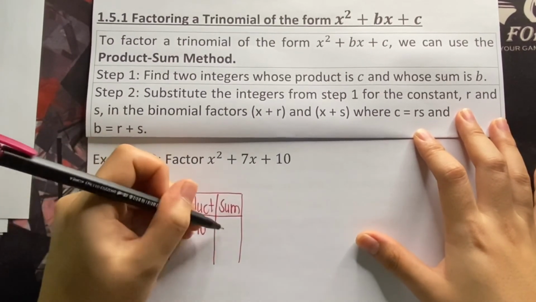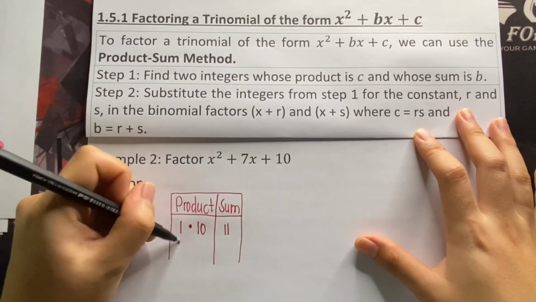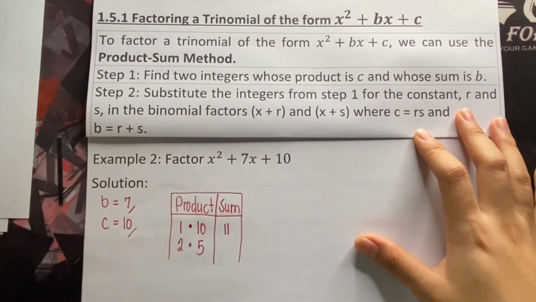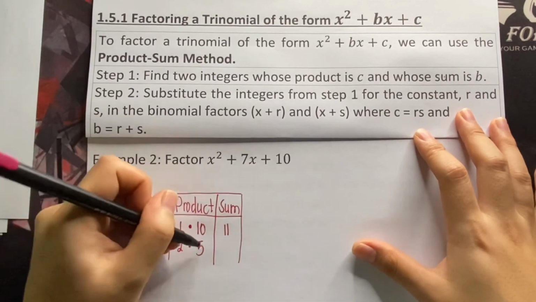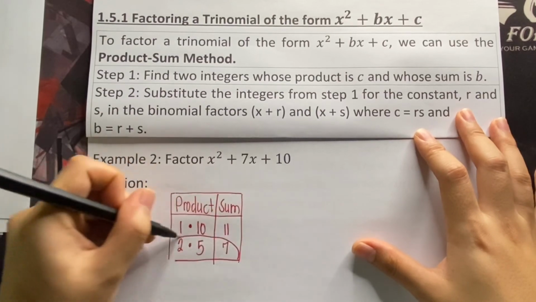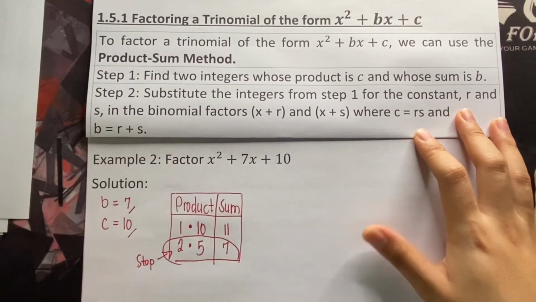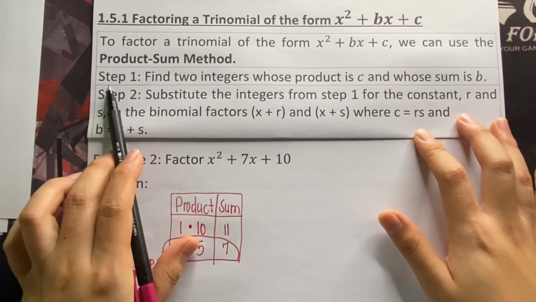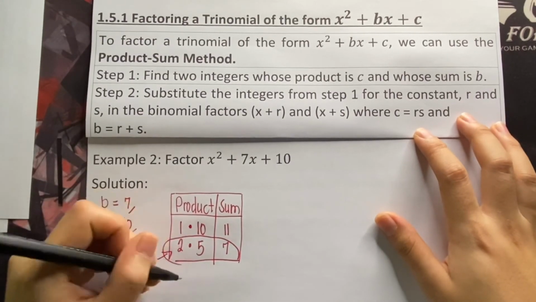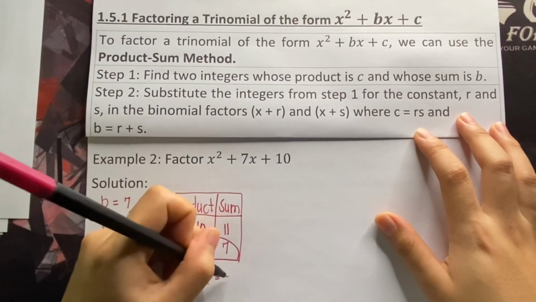Pag pinlas yan, 11. How about, ano ba ang factor ni 10? 2 times 5. Pag pinlas yan, 2 plus 5, 7. Stop ka na dito. Nag-satisfy na siya sa first condition. Okay? Lagyan natin ng variable. 2x plus 5x equals 7x.